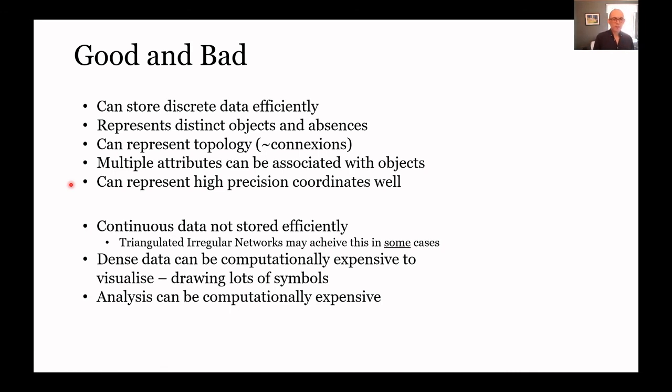So what doesn't it do well? Continuous data, obviously the inverse as it were, because we are explicitly defining each data point with its location and everything else. We're having to do that for every single point, so that we end up with an excess of data. The big advantage with the raster is this implicit location, so we're just storing the data, and we know it changes in a regular pattern.